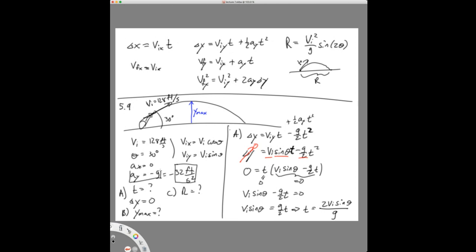But my a_y is equal to negative g. So I'm really replacing the a_y with negative g. So that would be 1/2 times minus g times t squared. And then I like to put the g on top of the 1/2, mix it into the fraction. Okay, thanks. Does that make sense? Okay. Yeah.